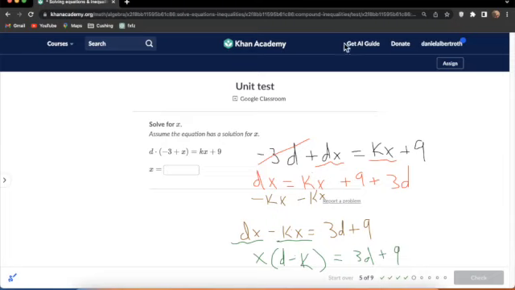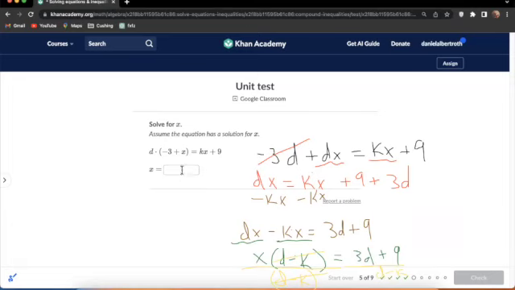So what I'm going to do now to get x by itself is divide both sides by d minus k. So the d minus k's will cancel out. On the right side, I'm left with 3d plus 9 over d minus k.